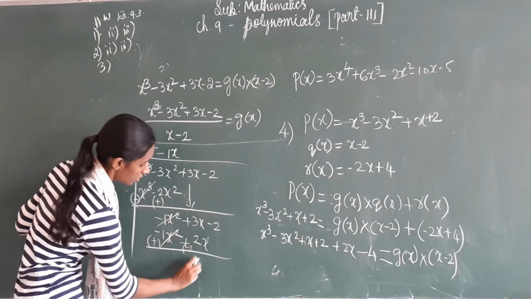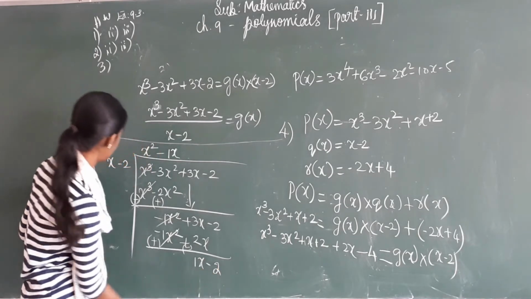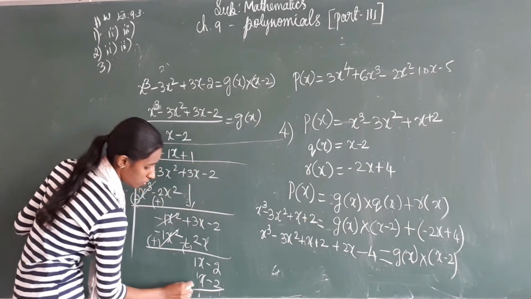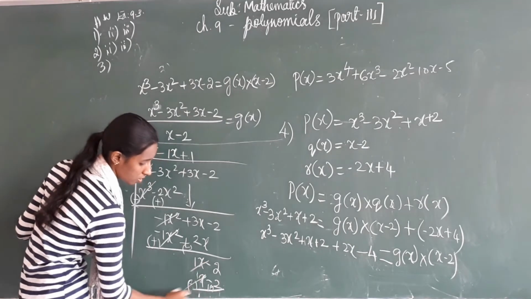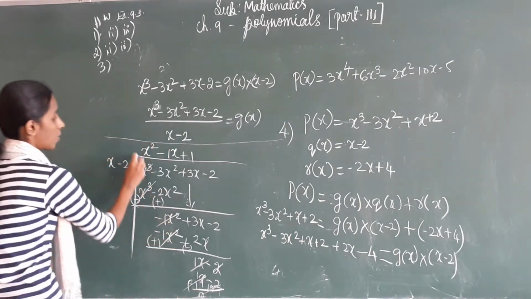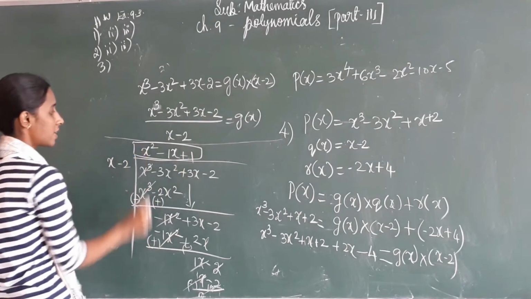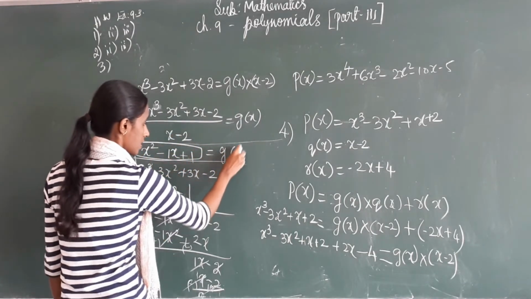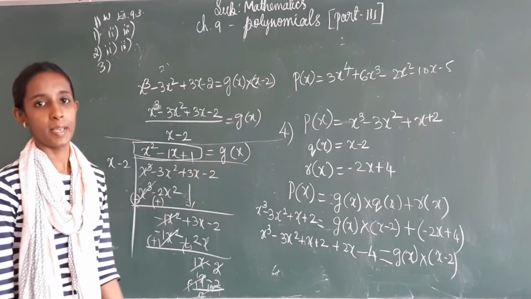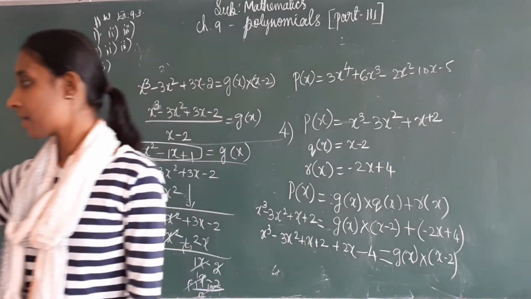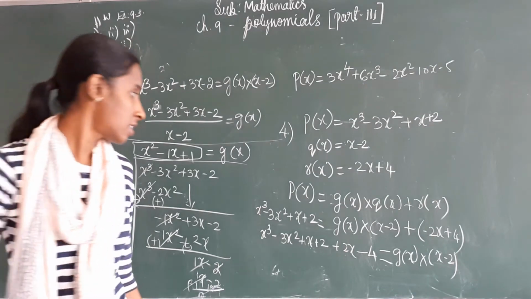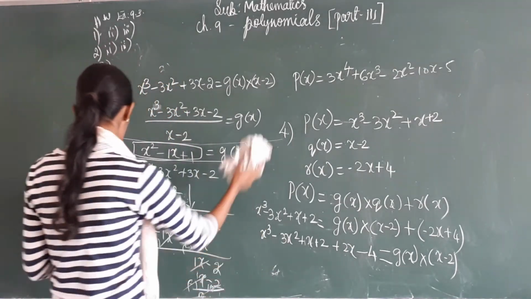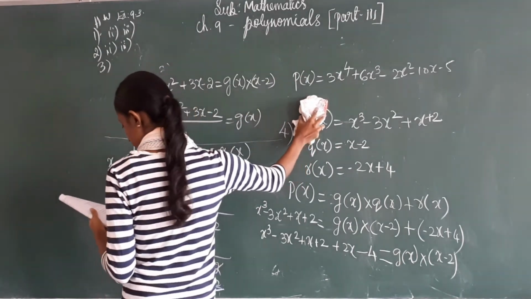So 3 minus 2 is 1x minus 2. So x into 1 is x minus 2, it cancelled. So what is the answer? x square minus x plus 1. So your g of x is x square minus x plus 1. If you know the division, then this topic is easy. So practice well, children. Moving on to the fifth question.